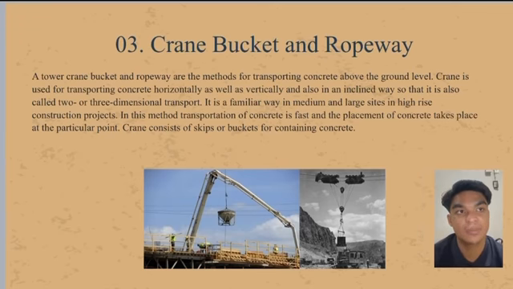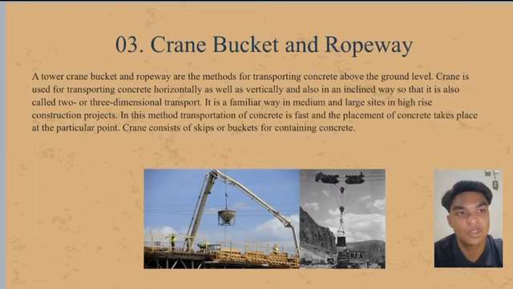Number 3, crane, bucket and ropeway. A tower crane, bucket and ropeway are the methods for transporting concrete above the ground level. Crane is used for transporting concrete horizontally as well as vertically and also in an inclined way, so it is also called two or three dimensional transport.